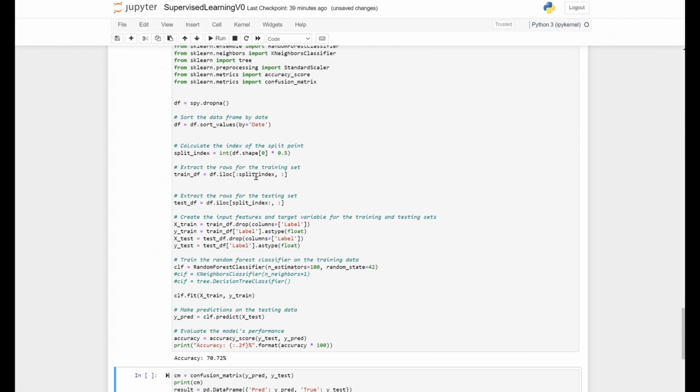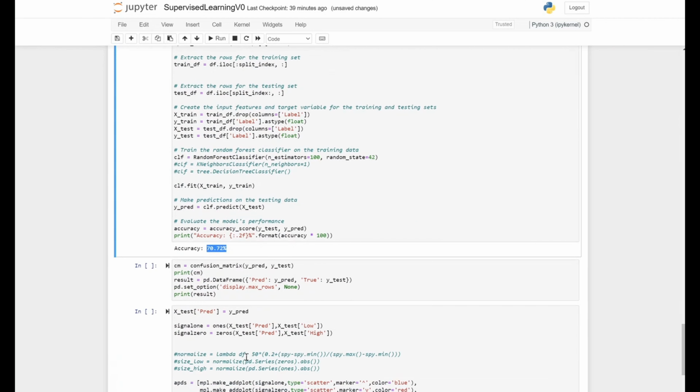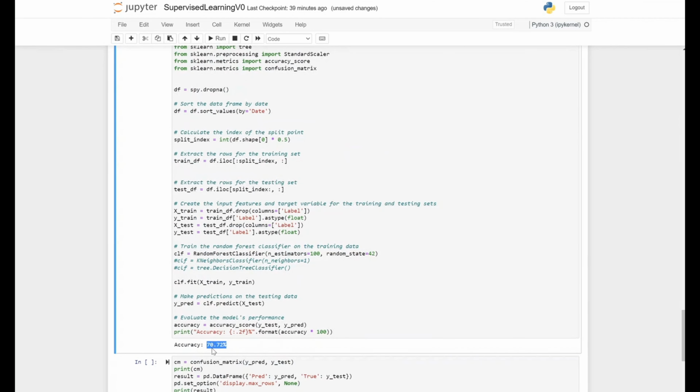We run it. So we got 70.72% accuracy rate. Does this mean the performance of the model is really good? Actually, we cannot say that, because we cannot get much information about the performance of a model purely from the accuracy rate.